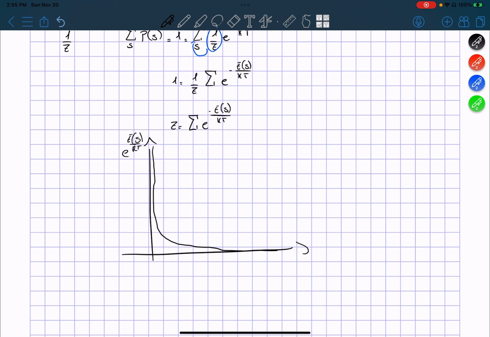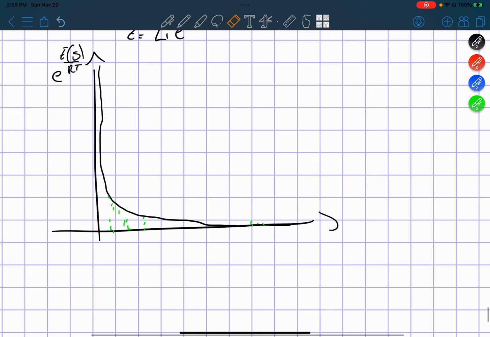So the first few values will give you something real over here. But as you get closer and closer, these values are all pretty much zero. So they're not going to make any difference in your partition function, and therefore you can just ignore them.